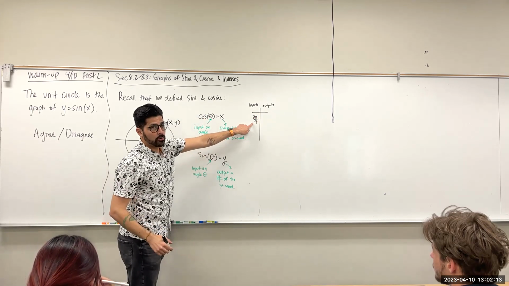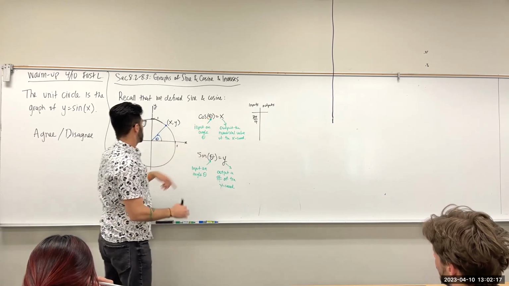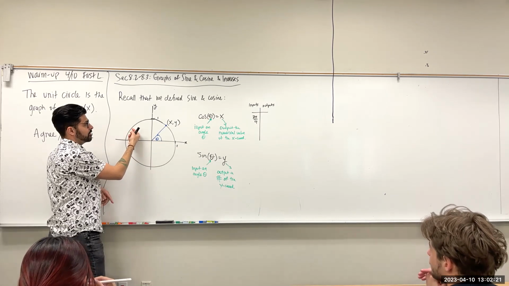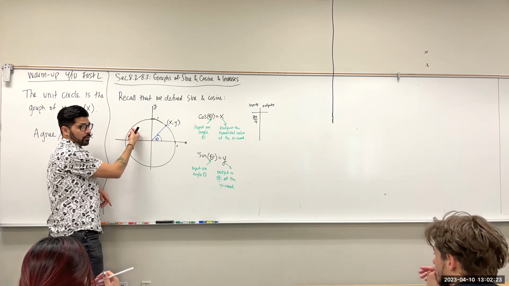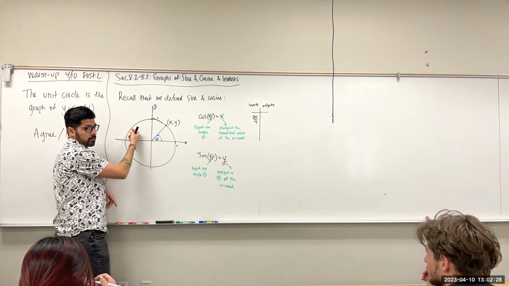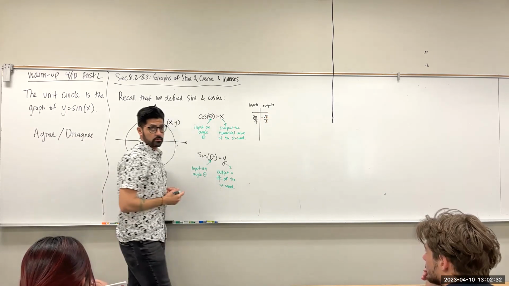So then you take cosine of 3 pi over 4, and you plug that 3 pi over 4 here. 3 pi over 4 is right here. So what is the x coordinate at that angle? Positive or negative? It's going to be negative root 2 over 2. Okay.